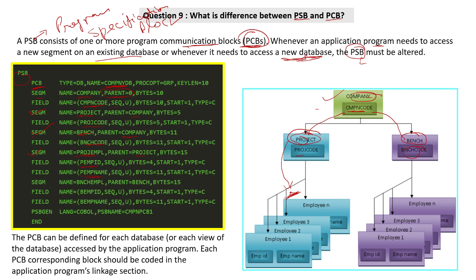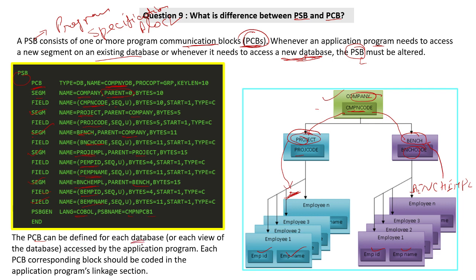Then we have another segment, bench employee, and its parent is bench. We have two fields here as well, bench employee ID and bench employee name. Then we give the language we are using here, COBOL. Then the PCB name, CMP, and PCB1, and the PSB name.